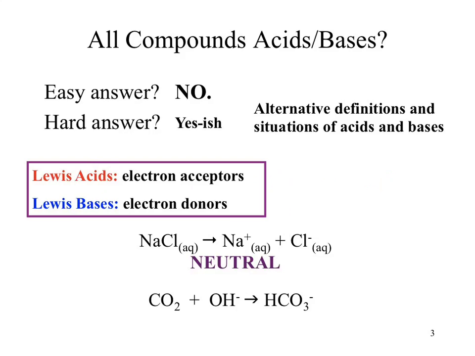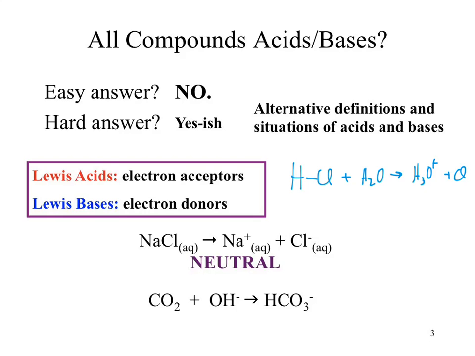If we compare this back to an acid, what happened when we took HCl and we added it to water? And we moved to our H3O plus and Cl minus. What did that hydrogen ion do in the course of that reaction? We know it's an acid.